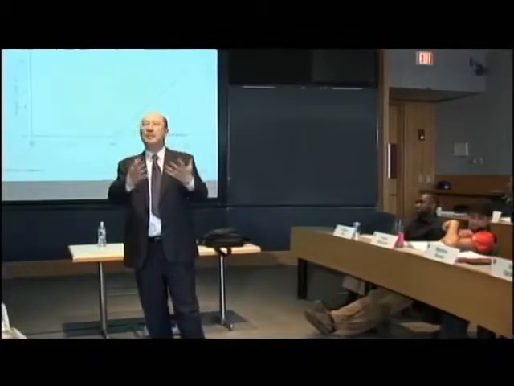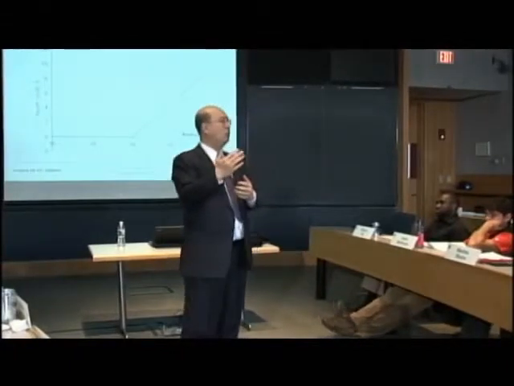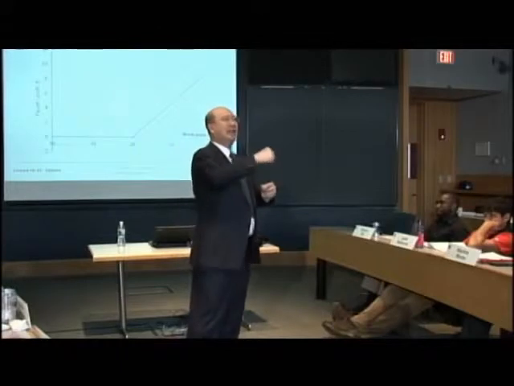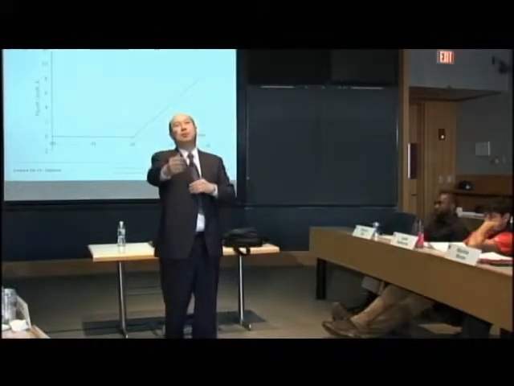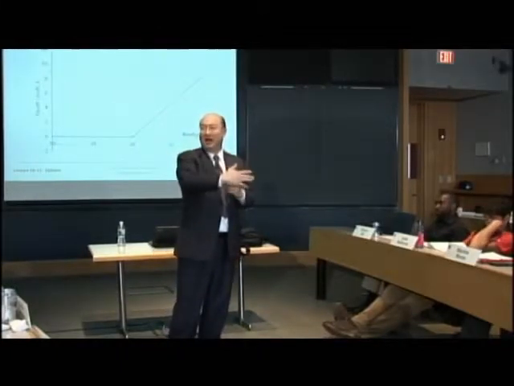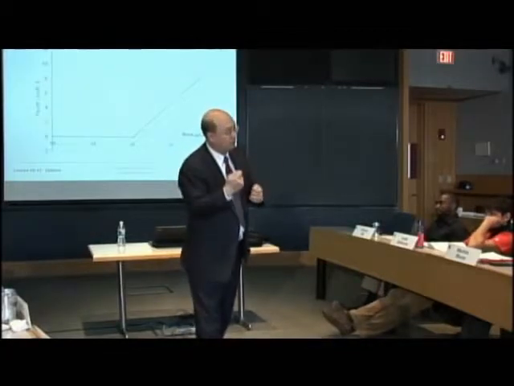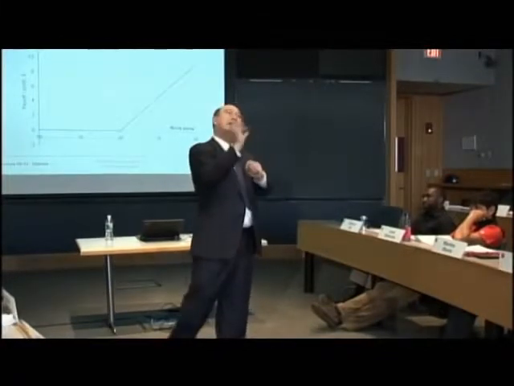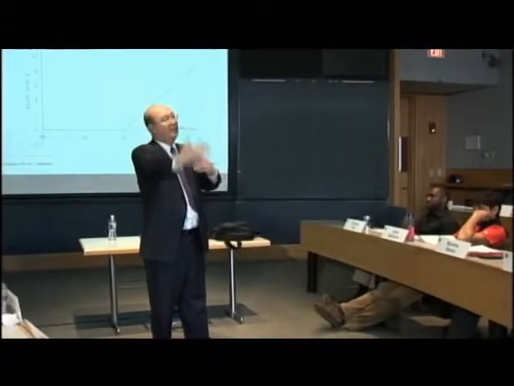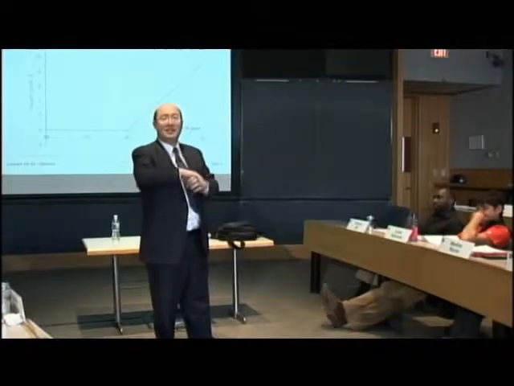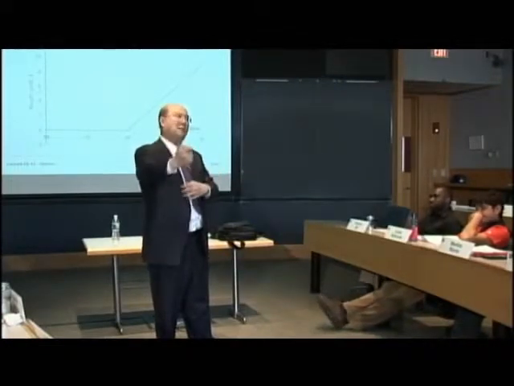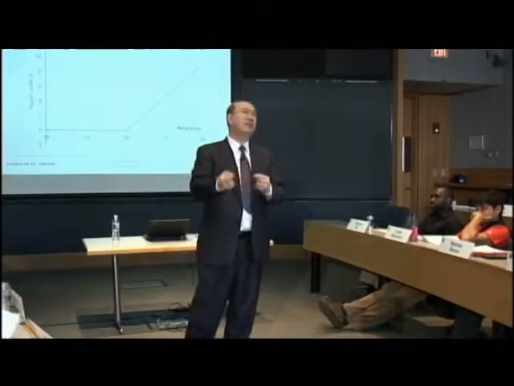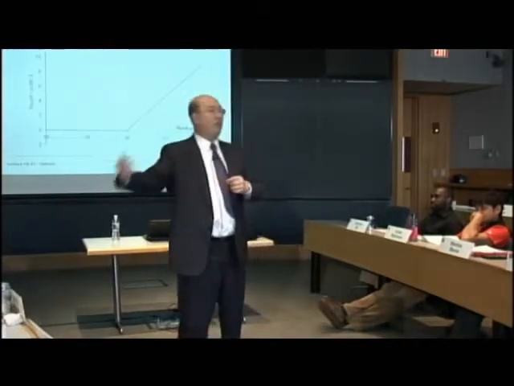If I own that piece of paper, that's a put option, am I going to wish that the stock price goes up or down? Down. I'm only going to get paid on the put option if the stock price goes below $20, because then I have something valuable, right? If it goes below $20, I get to sell the stock for $20, so I make the difference between what it's worth and $20. If the stock price is at 20 or above, then my put option expires worthless. I'm not going to use it because it would be foolish for me to sell something for 20 when I can sell it on the open market for 25.